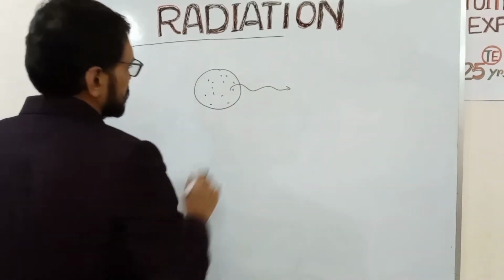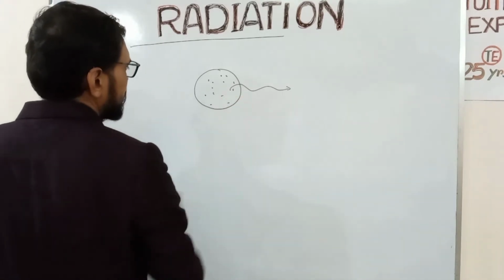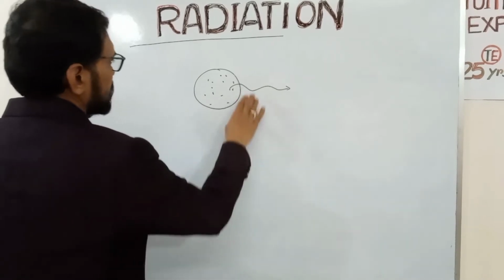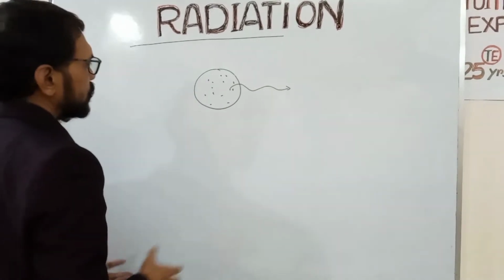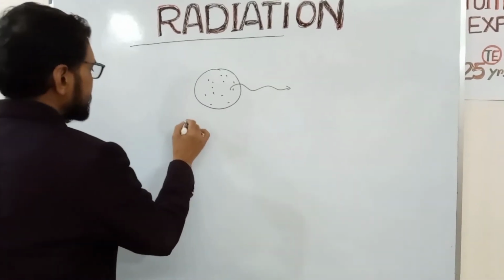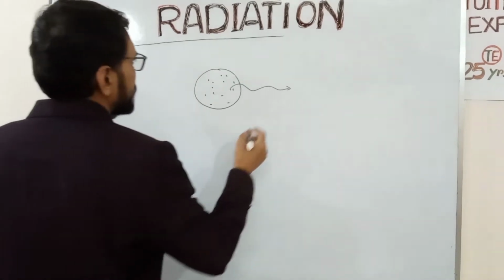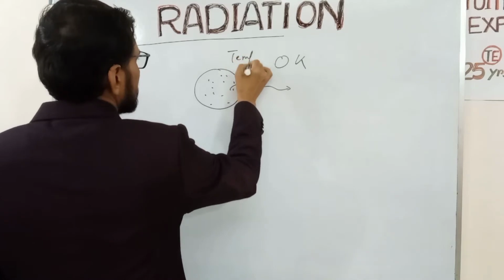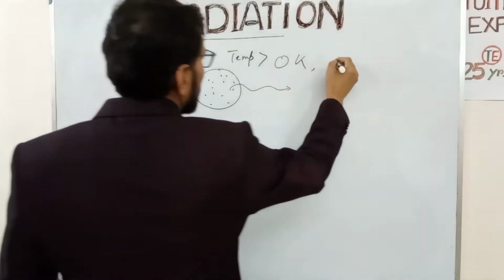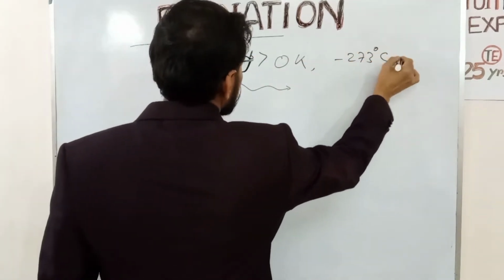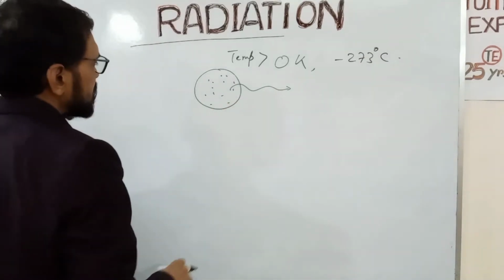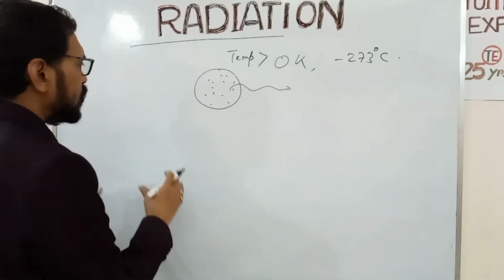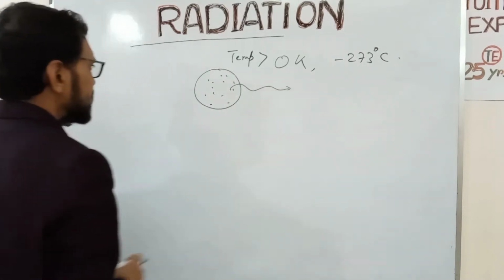That is, we can understand that some radiation comes from this hot body. Now, the theory is that every body whose temperature is greater than 0 Kelvin, or minus 273 degrees centigrade, produces thermal radiation. That is, a cold body also produces some thermal radiation.